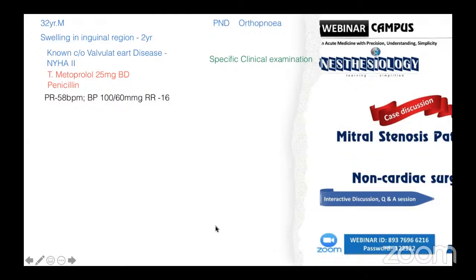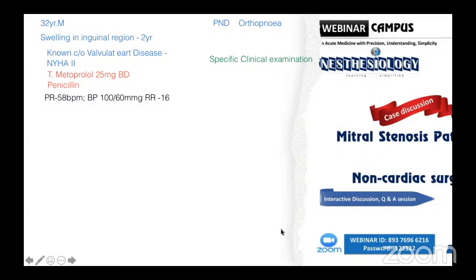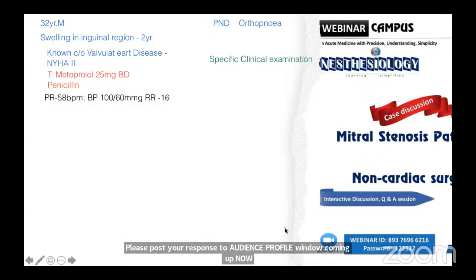So how are you going to examine for that, or what else do you have to ask for? There is one thing: if there is a change in the original murmur characteristics or appearance of a new murmur. These are the two important things by which you can know that some rheumatic activity phase is going on.